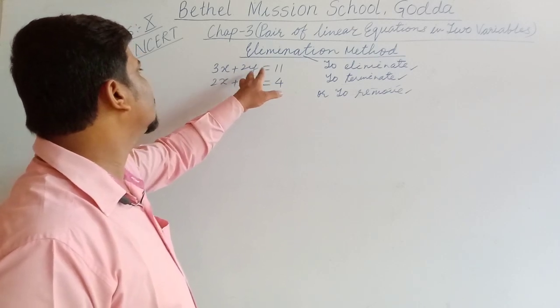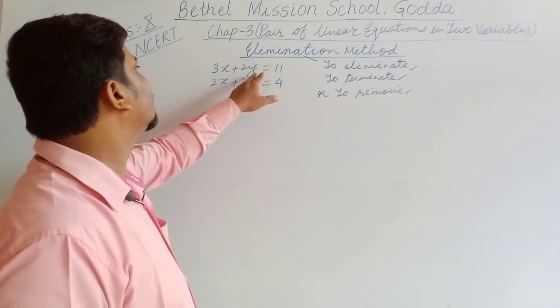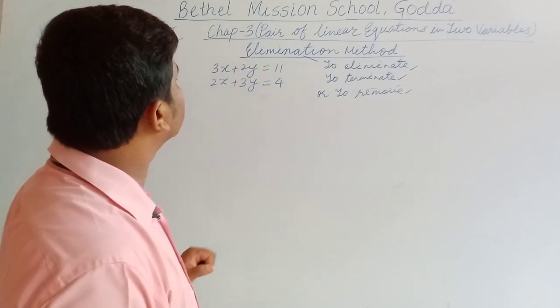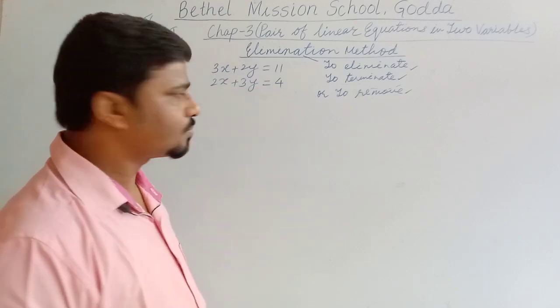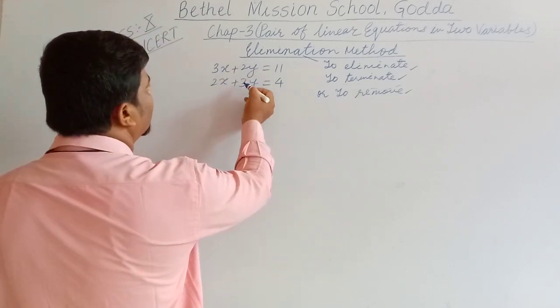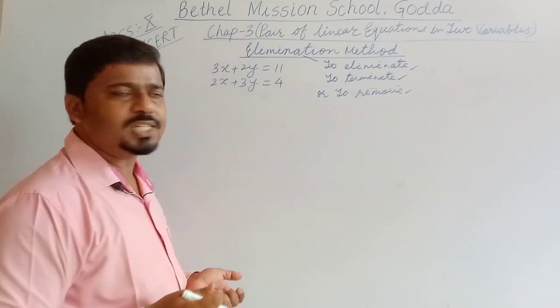the term with variable y, then you can see here whether the coefficients are the same or not. Here the coefficients of y are different. Here 2, and in this equation 3. Means two different coefficients are there.